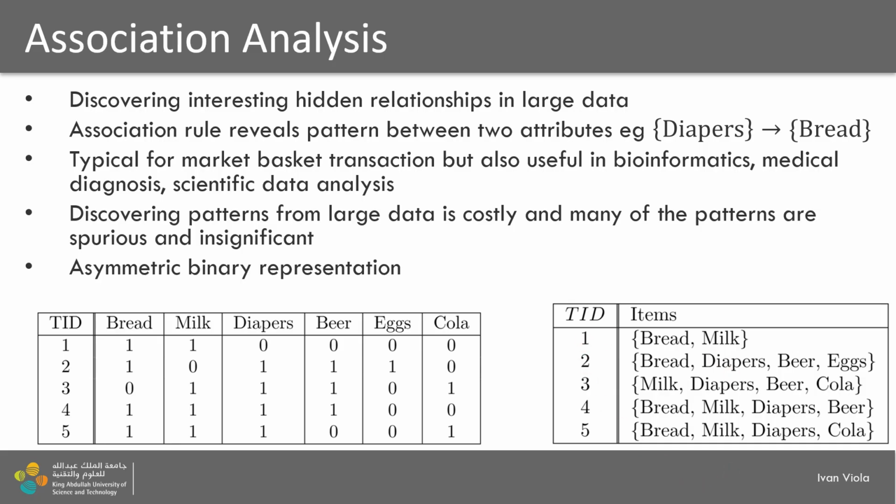When we say that the association rule reveals a pattern between attributes, the attributes are basically considered like these items in this market basket, where the attributes could be just one item, which is implying an association and likelihood of a purchase of another item, or it could be more items on both sides.